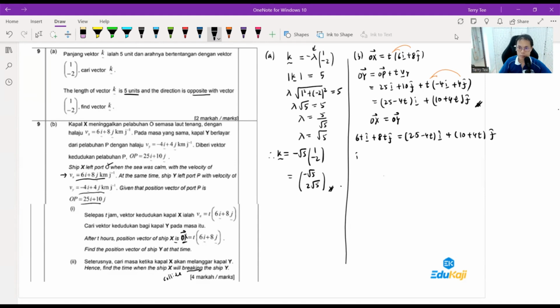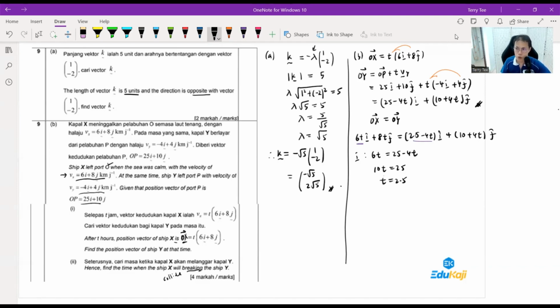So let's compare one by one. Let's compare the i component. My i component is 6t and it's now 25 - 4t, right? So we say 6t = 25 - 4t, bring over, 10t = 25, t = 2.5, meaning they will collide after 2.5 hours.